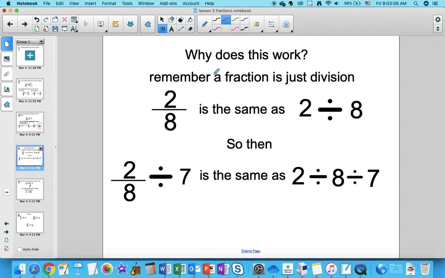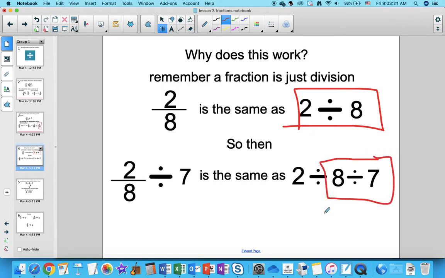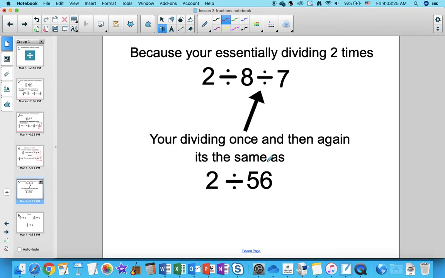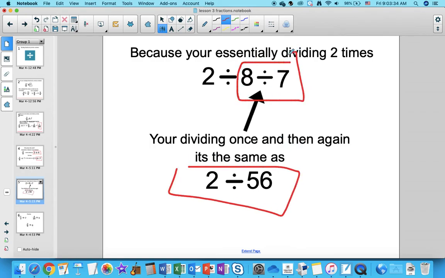So why does this work? Remember, a fraction is just division. So 2 over 8 is the same as 2 divided by 8. So then 2 divided by 8 divided by 7, if you're dividing twice like that, you can just multiply them. You're dividing once, and then again, it's the same as just dividing by 8 times 7.